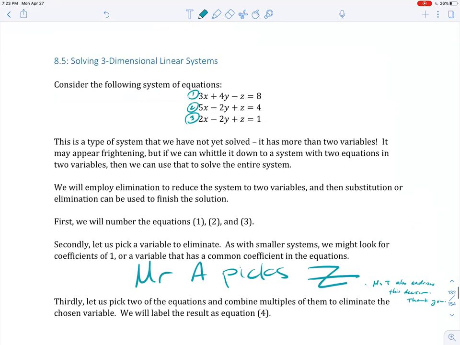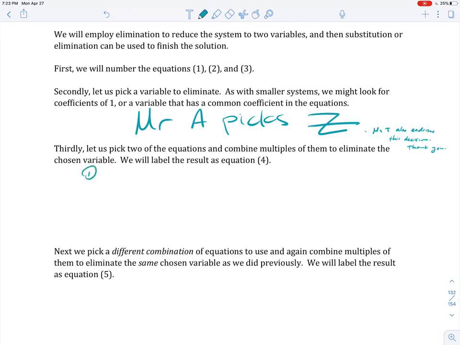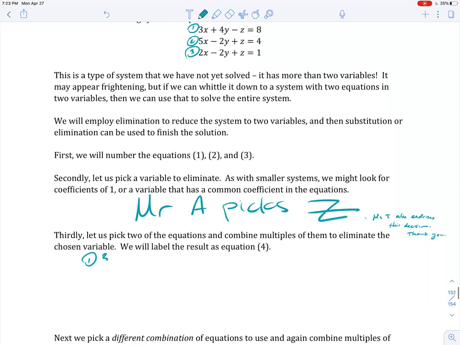Now we're going to pick two equations, and we're going to combine them to eliminate that particular variable. I'm going to pick equations 1 and 2. If I go with equations 1 and 2, I don't even have to modify the equations. Those will straight up add to get rid of Z. Okay.